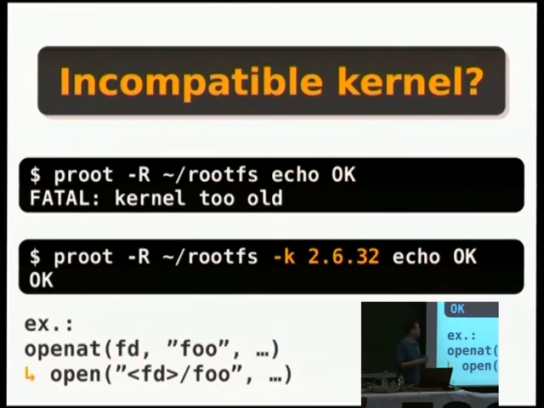If you are running a 2.6.9 kernel, for instance, PRoot will substitute openat with open and will replace the parameter with the file descriptor resolved /foo. This is semantically the same, except this is not atomic, but it just works.